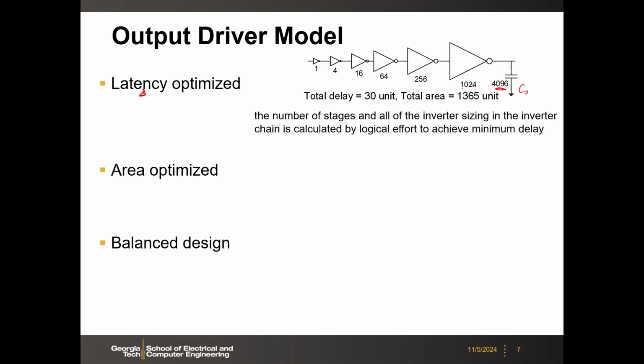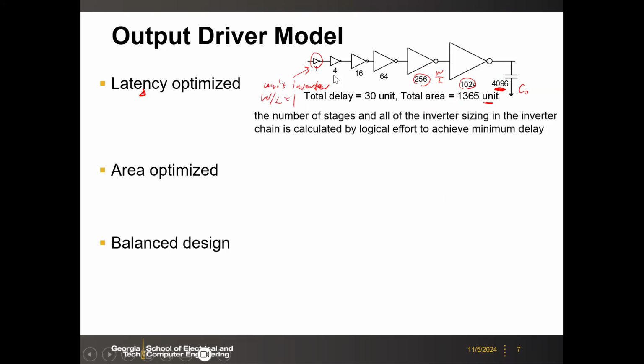And this number represents the sizing of each inverter in terms of W over L. So you see, if you want to drive a very large capacitance, you need quite a few stages, and then the total area will be quite large. Here the unit means the unit inverter size: a minimal inverter with minimal W over L. That means W over L is 1.